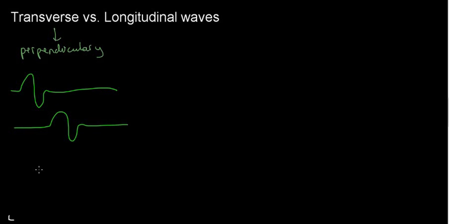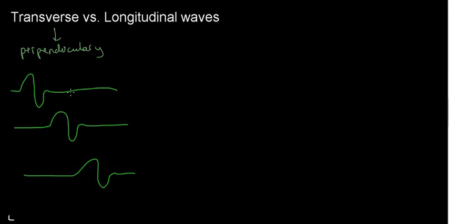When we're talking about transverse waves, the idea is that the oscillation occurs perpendicularly to the direction of propagation. And this is going to make sense when I show you that rope again. So if I have that rope and it has a disturbance that is propagating through it, I can now call it a disturbance because this is really what it is.